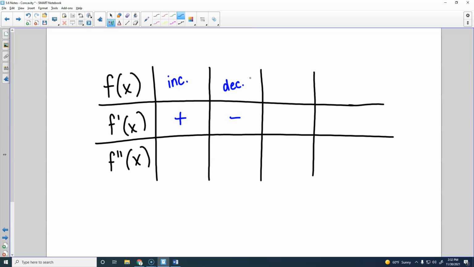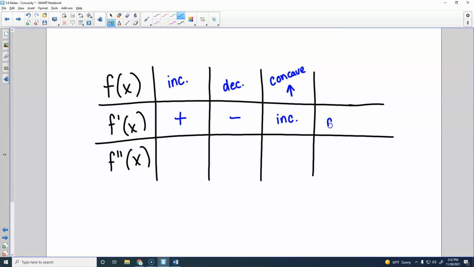So what we're talking about today is if f prime is increasing, that tells me that f of x is concave up.